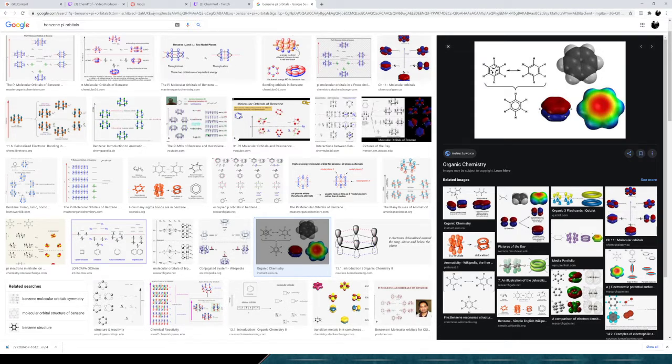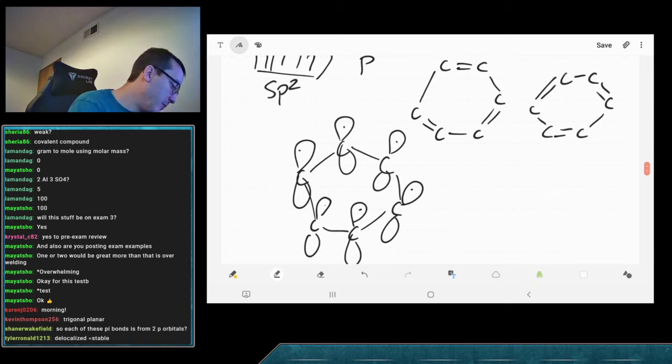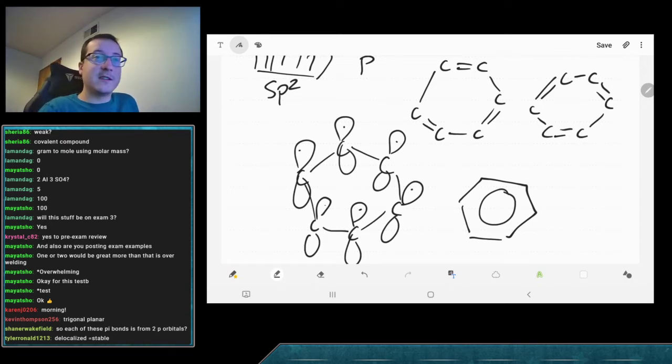So it's already very happy doing this sort of zipping around sort of thing. So there we go. So we'll often end up drawing benzene like this, where we have those carbons there, and we just have this circle in the middle illustrating that the electrons are delocalized. So that is why this particular molecule is very, very stable.